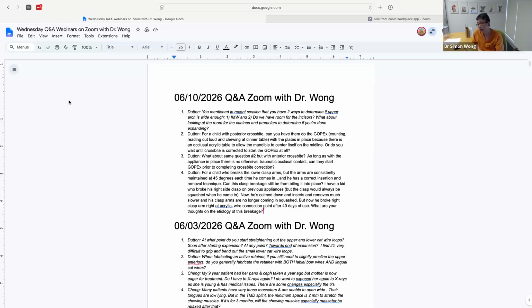So we don't want to load the joint out of its normal range. If you have a very deep anterior crossbite, we will often have to have a bite raising grab. If that's enough to clear the crossbite, then you can start GoPex in the initial period.